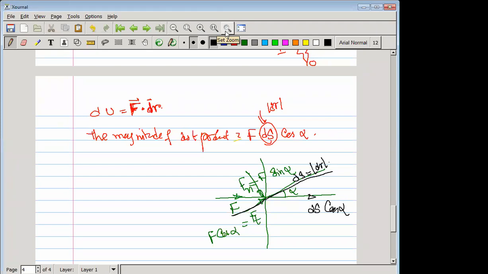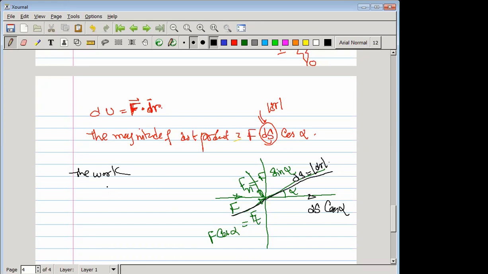So the work dU may be interpreted as the force multiplied by the displacement component.